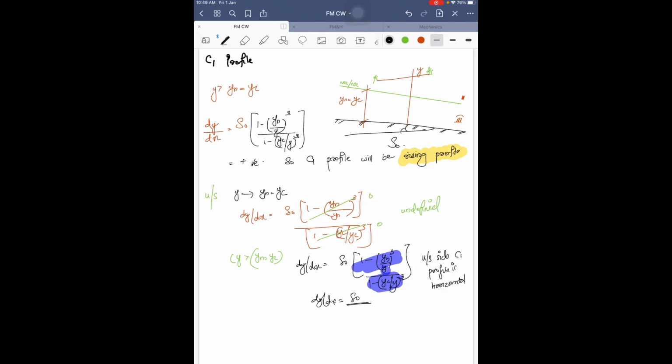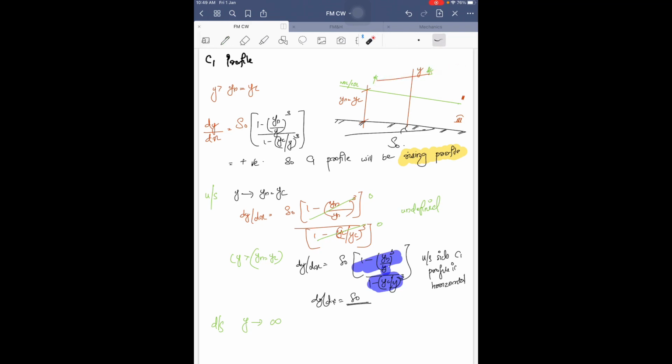Now let us see the downstream side. At the downstream side, y is becoming infinity, or y is becoming the depth of the control section. We can take it like that also. Y is becoming infinity. It is rising, rising, rising.